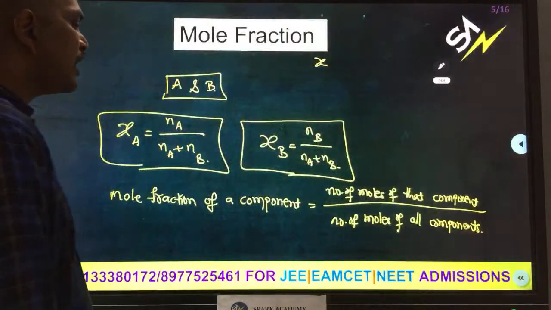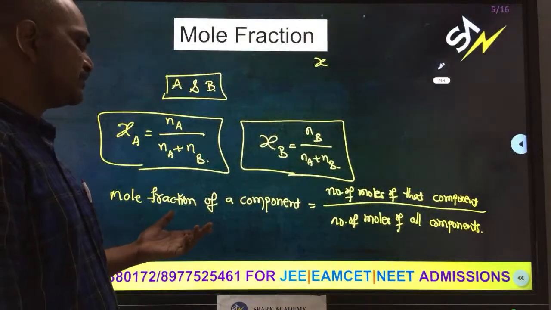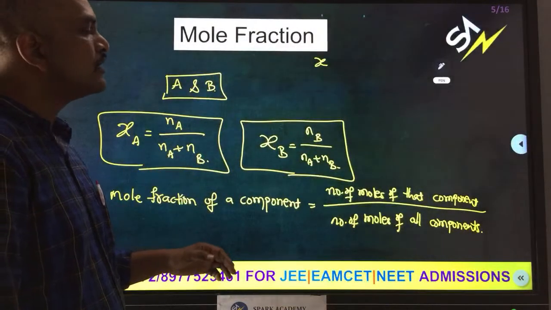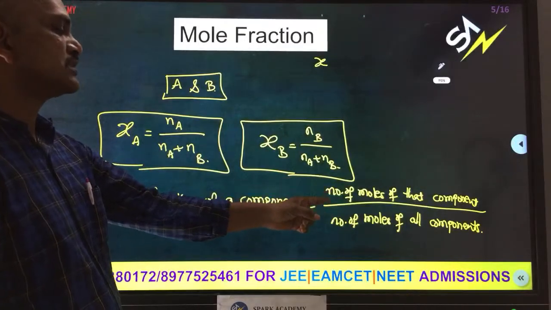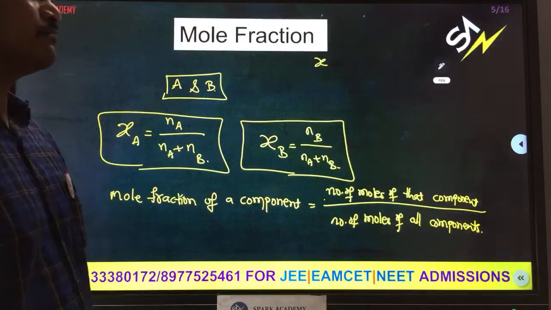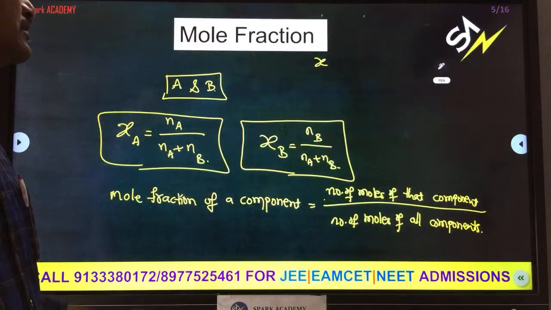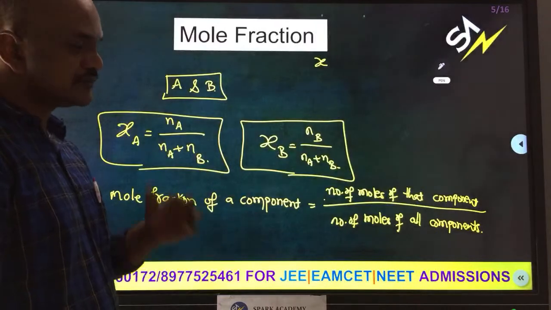Whatever component's mole fraction we want to find, we should take the ratio between that component's number of moles and the sum of the number of moles of all components. That is nothing but the mole fraction of that component.